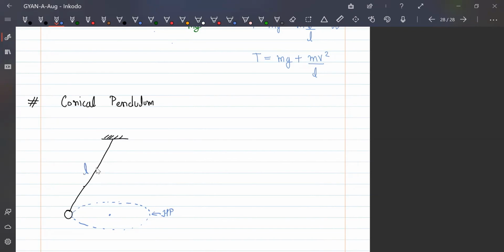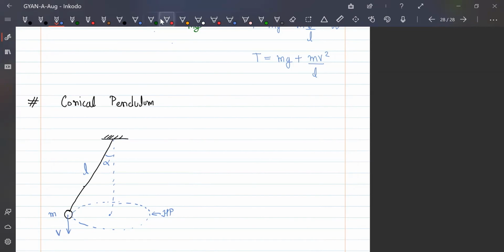Let us say string का length L है, and the angle that it makes with the vertical, that is alpha. Okay, बॉब का मास m है, so this is called a conical pendulum. Let us say right now the speed is v and it is going perpendicular to the circle, tangential to the circle.